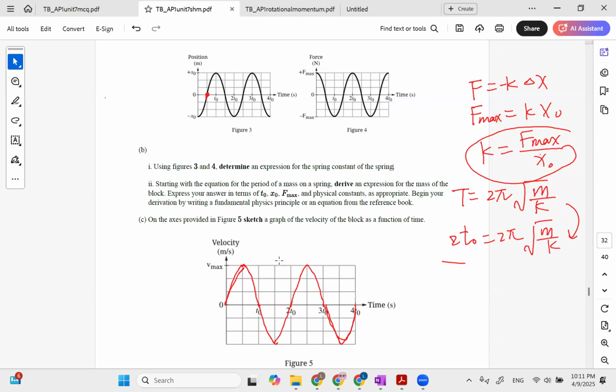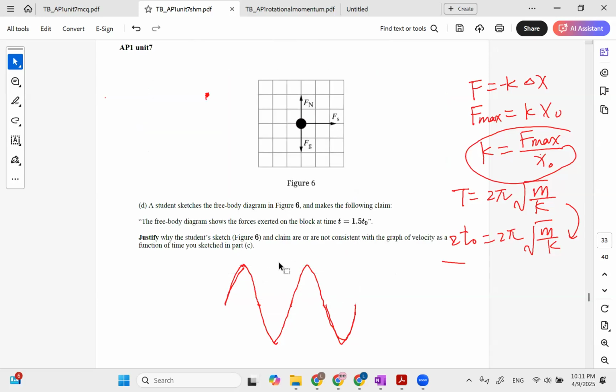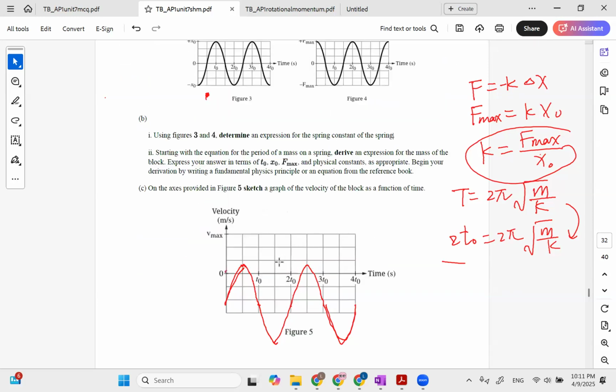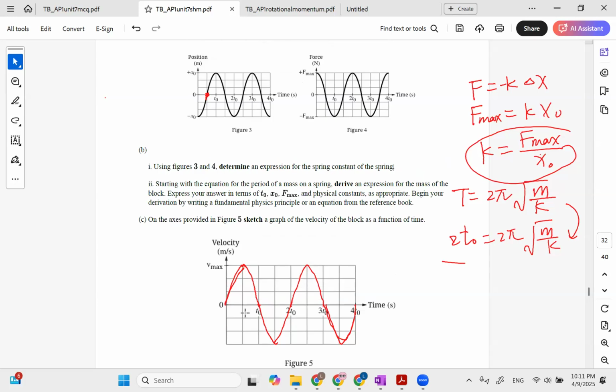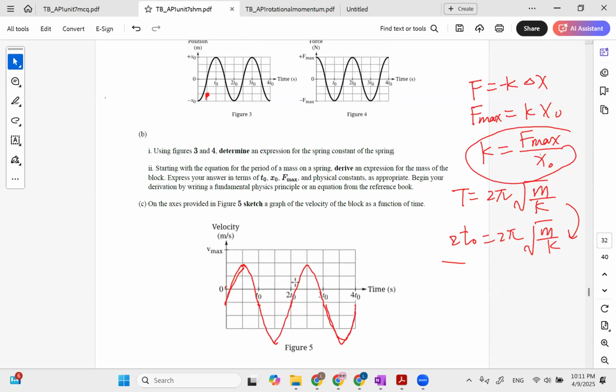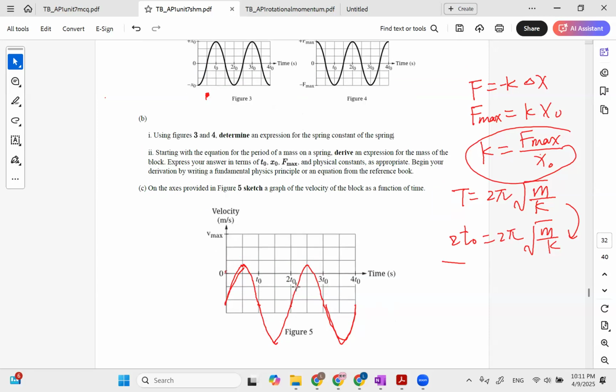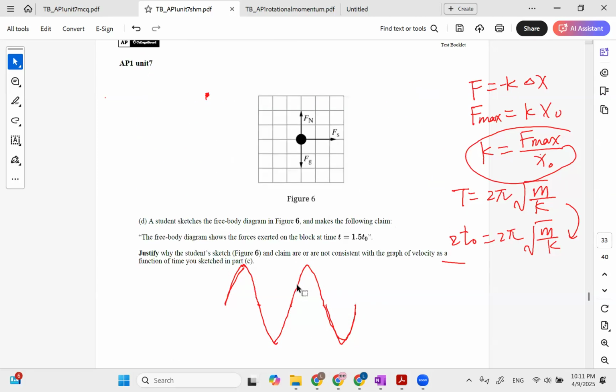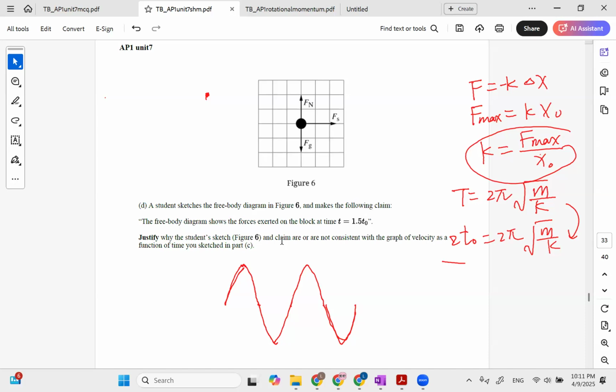And then if we ask you to draw acceleration, you also need to know how to draw acceleration, right? So over here, this is the graph. Do you see that? We may need to come back, check this graph again. Now look at this question. Look at D here.